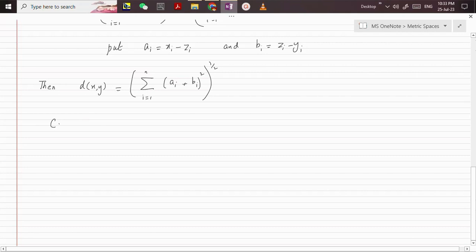Now consider the Cauchy-Schwarz inequality.